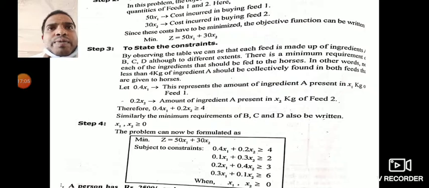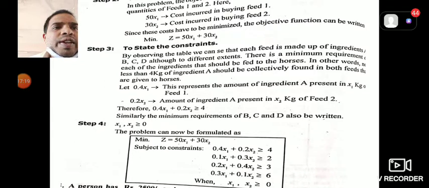He has given it in terms of percentage, so you need to convert it into decimal form. For ingredient C, 0.2 x1 plus 0.4 x2 greater than or equals to 3, and 0.3 x1 plus 0.1 x2 greater than or equals to 6, where x1 and x2 are greater than or equals to 0.